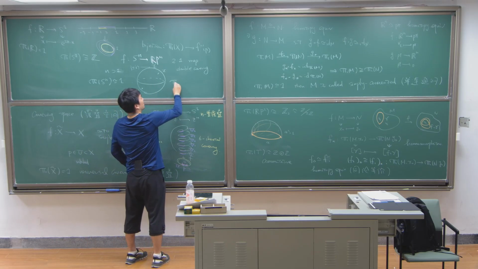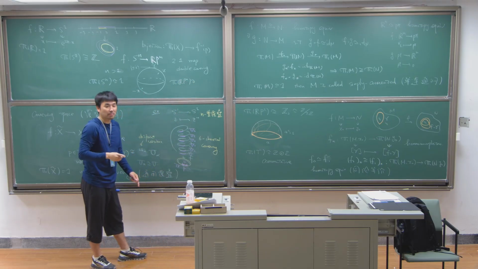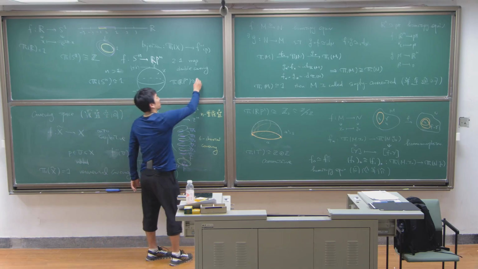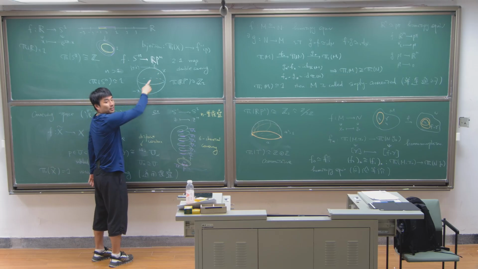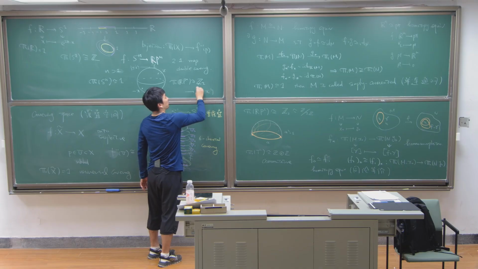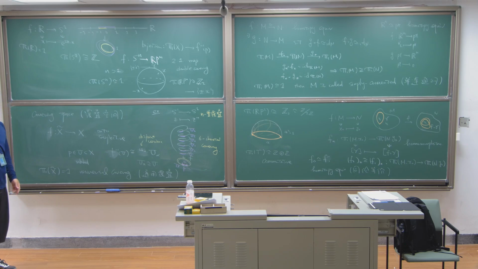Moreover, pi 1 of RPn is isomorphic to what? Z2. And if you look at the preimage of a point, you have two points, so there is a bijection with plus minus x. That's it.